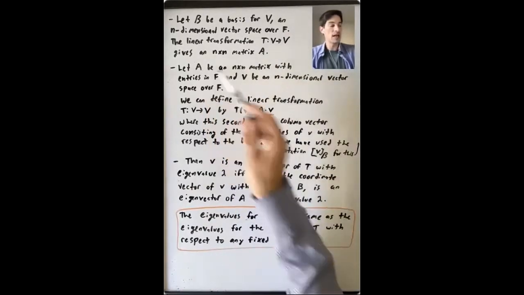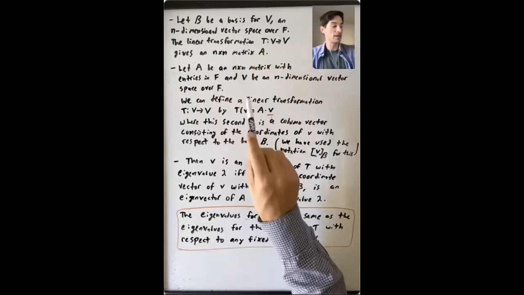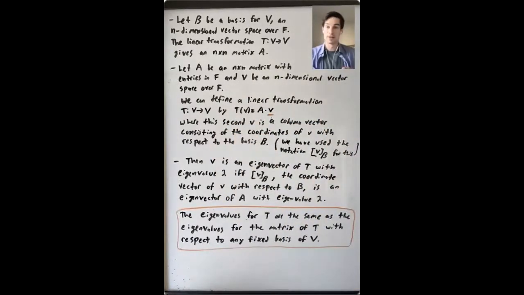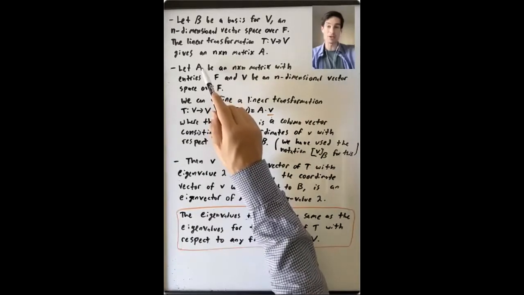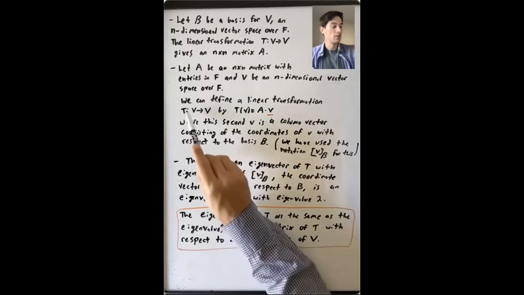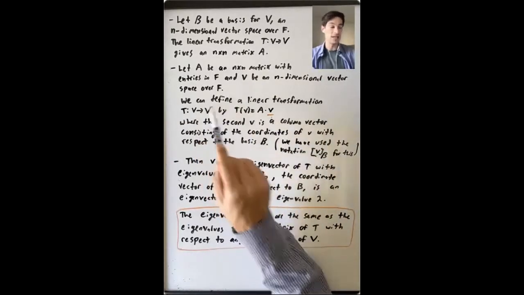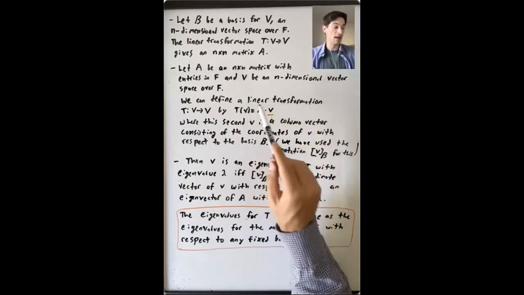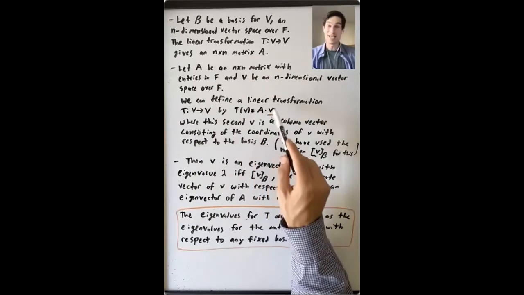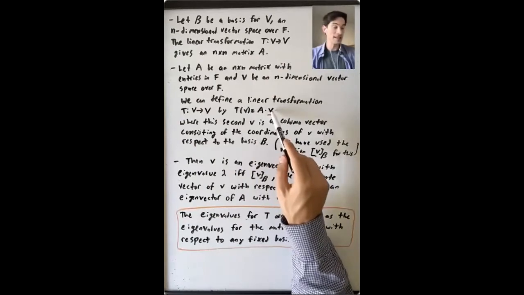So let's look at A. A is our n by n matrix with entries in F, and V is an n-dimensional vector space over F. If you just start with a matrix, you can define a linear transformation from this matrix. So we have a linear transformation from V to V given by T applied to a vector is going to be A times v. This notation is a little informal. What is this?